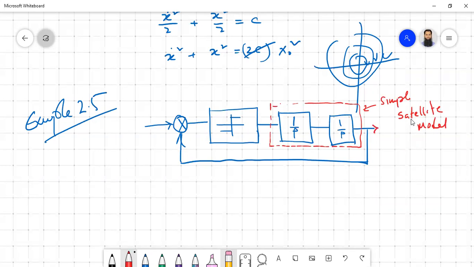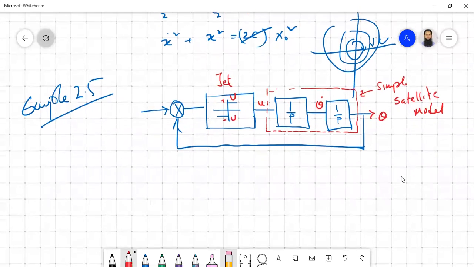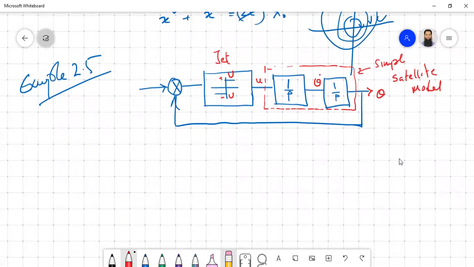This is your theta output, and here it becomes theta dot, and this is your input u. This input has two outputs, basically plus U, capital U, and minus capital U. So this is maybe the jet. The satellite follows a simpler model, something like this.